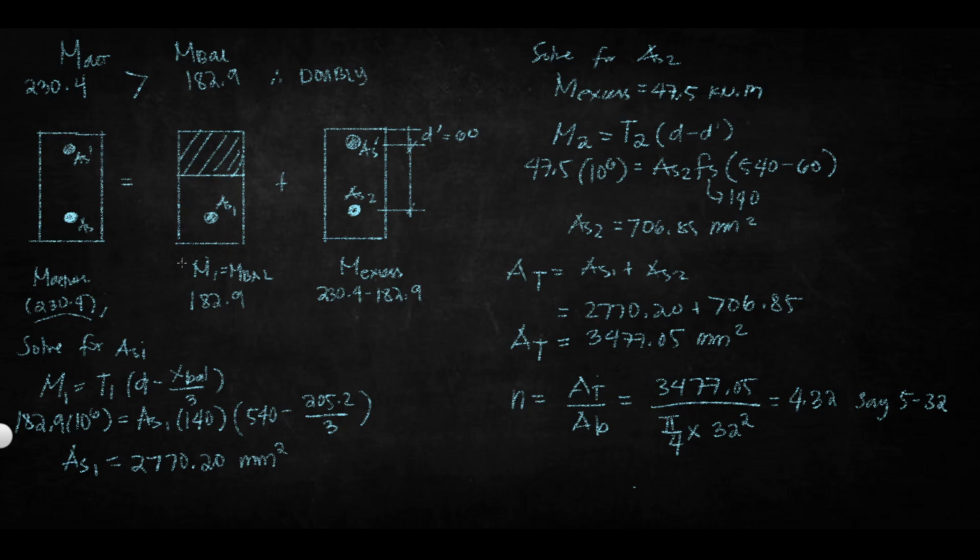Ano ba yung M1? M1 is the moment that the beam can carry as a singly reinforced beam. So ano ba yung maximum moment na kaya niya carry para ma-consider na singly reinforced? Siyempre, yung M balance. Tama? So your M1 here is the M balance, 182.9.